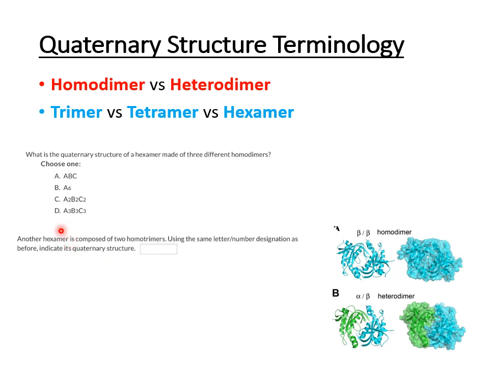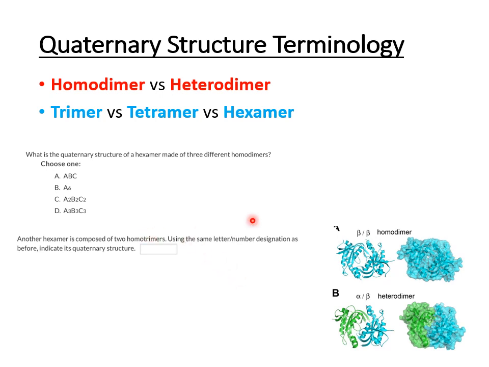So the first part tells you how many total subunits. For instance, over here you have three subunits total, six total, nine total. So hexamer, for instance, would tell you six total. And then the second part tells you how they're arranged. Do you have all the same? Do you have different?